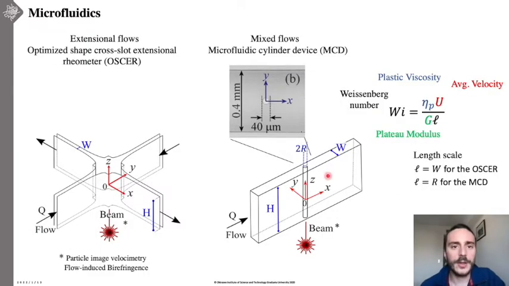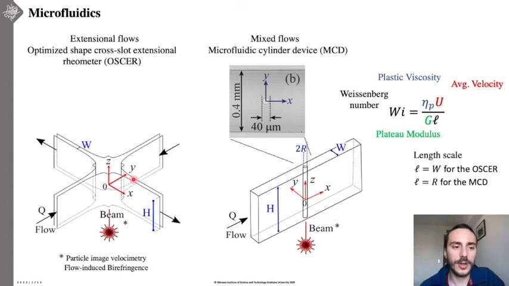And at this point, we can proceed with microfluidics, where we can study the extensional flow using the optimized shape cross-slot extensional rheometer, OSCER, where the material is injected through the inlets and will be compressed, and then will be extended along the outlets.